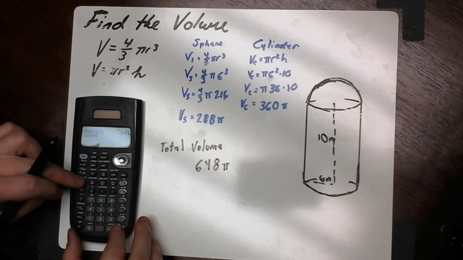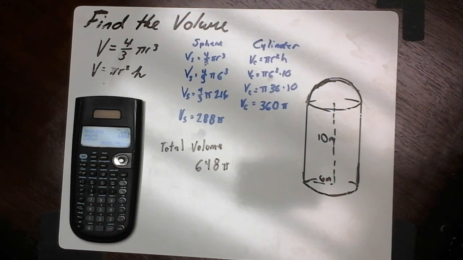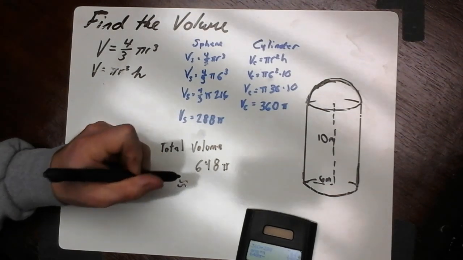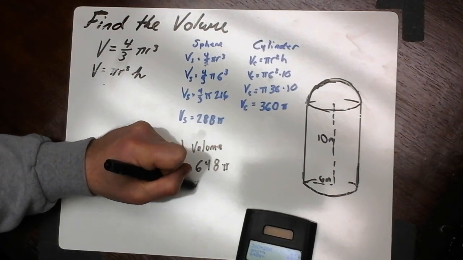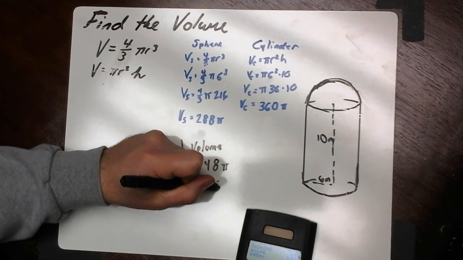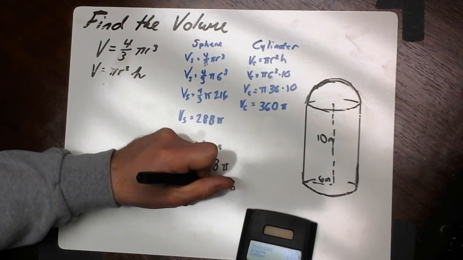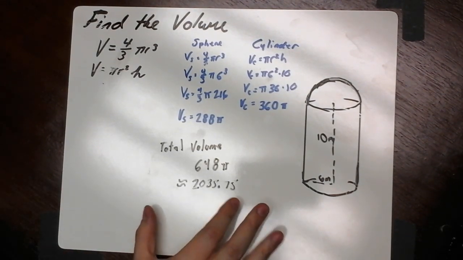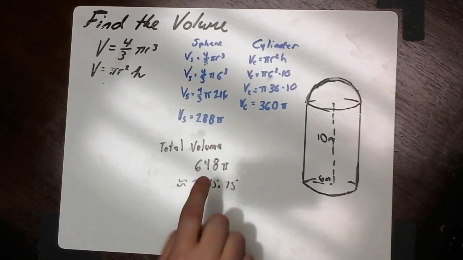Now, times pi. If I want to, I can convert that to a decimal, if for whatever reason you need to. 2035.75.